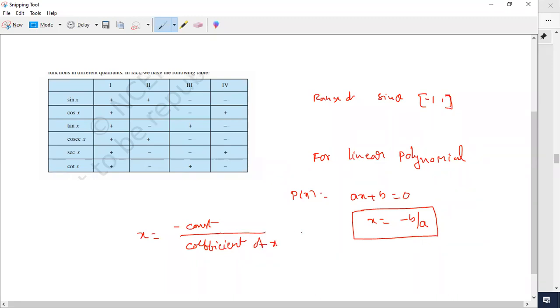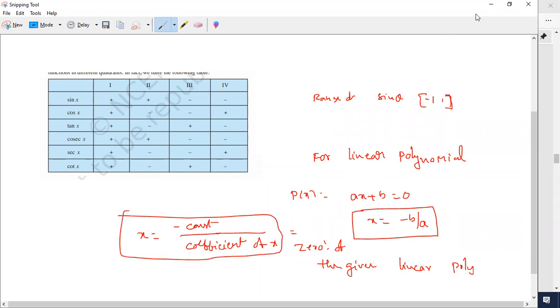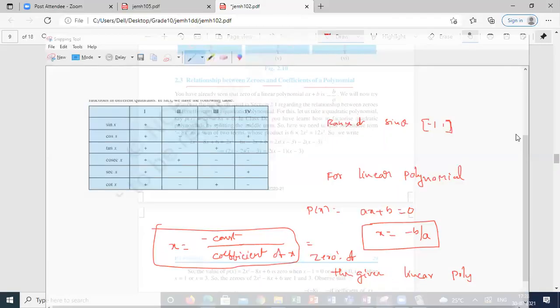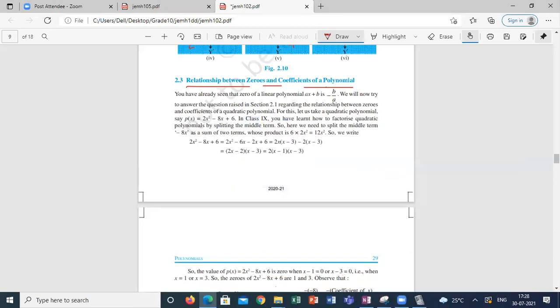This ratio is the zero of the given linear polynomial. And writing the zero of the polynomial in terms of its coefficients is known as the relation between zeros of the polynomial and its coefficients.